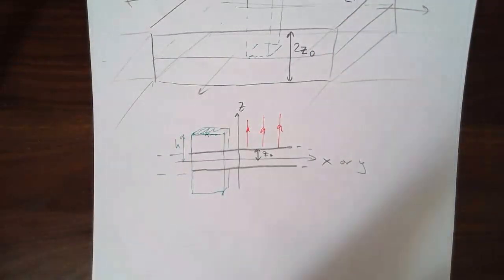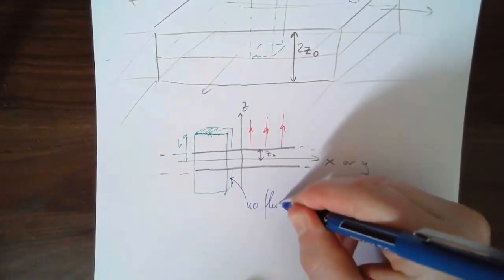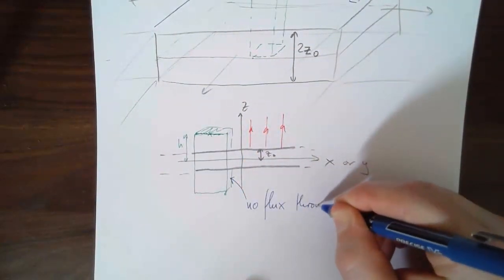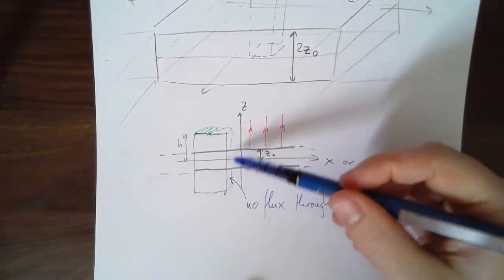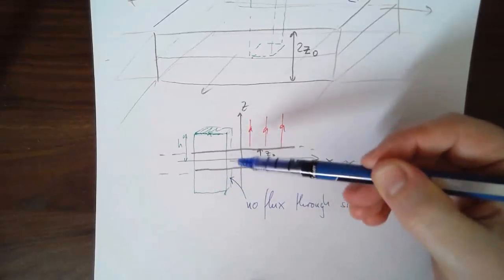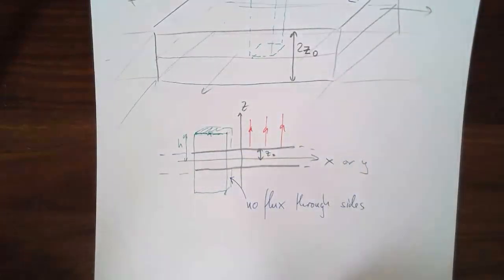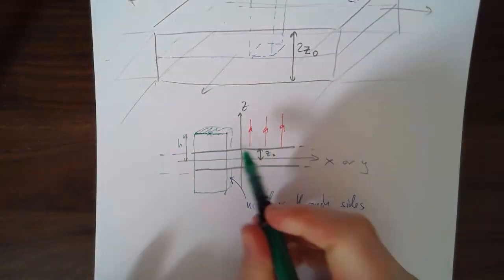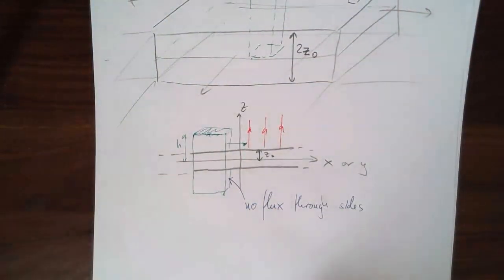There's no flux to the sides, because the field lines just graze along the surface here. They don't cut it. They're in the same direction as the surface, or in other words, they're 90 degrees to the normal. So there's no flux on the sides.